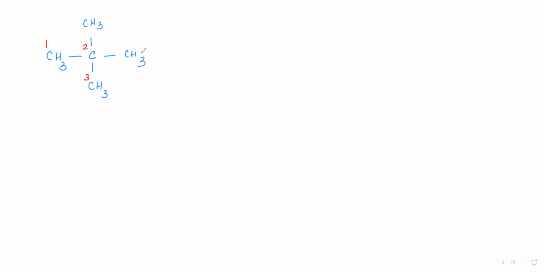I could have gone straight, but I just want to tell you that a straight chain is not the requirement. Continuous chain is the requirement. So now this is my parent, and the parent is still having three carbons. Therefore, the name of the parent is propane itself.